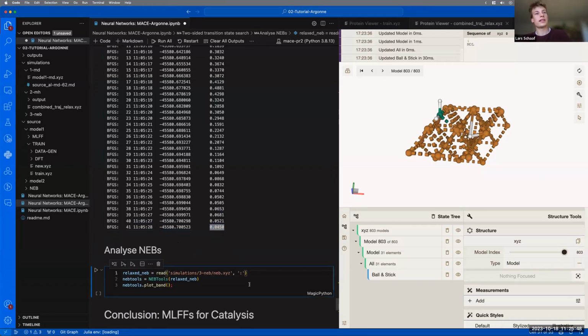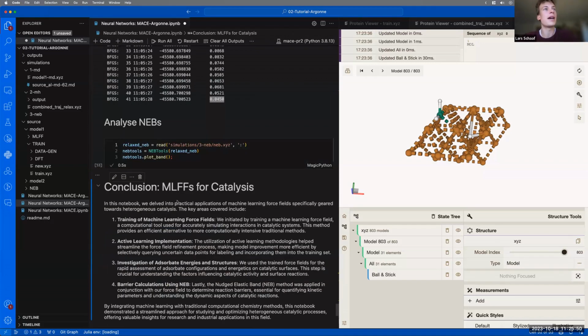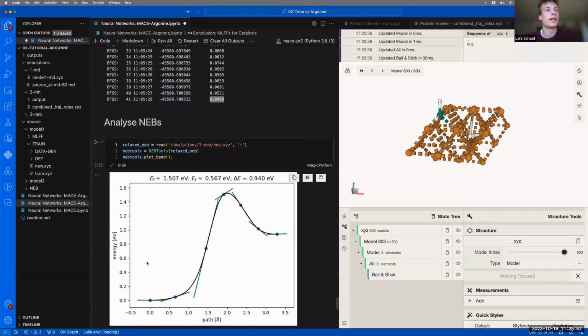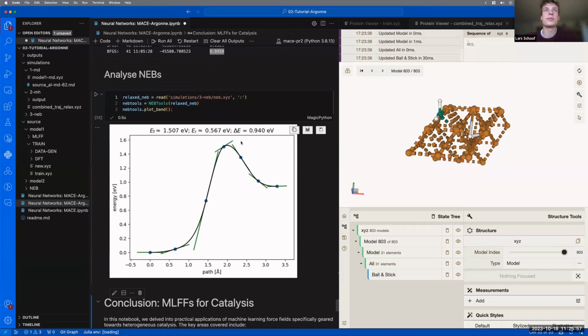If we read in the resulting path, we can have a look at the energetics. This is telling us that this specific reaction, which entails this hydrogen that you can see here splitting off of this carbon, has a barrier of 1.5. Now, this is a potential that has never seen this kind of reaction before.